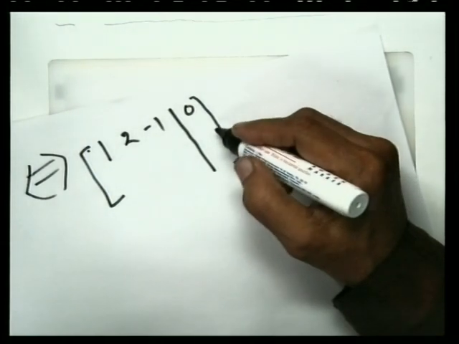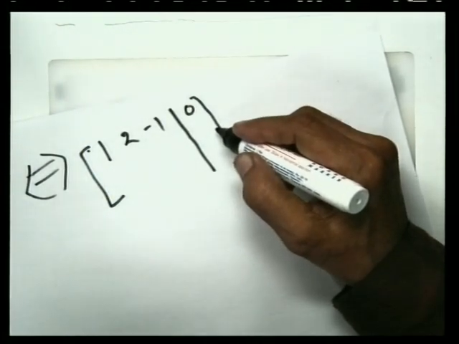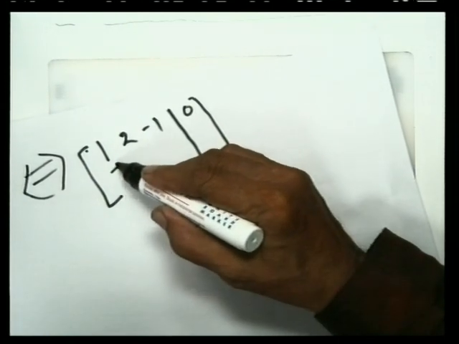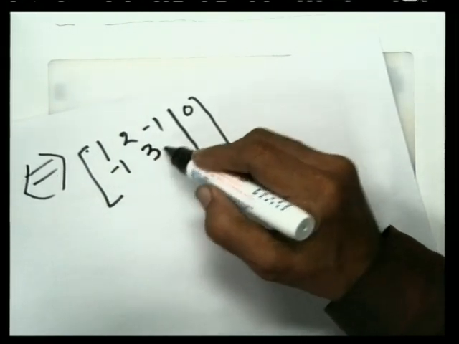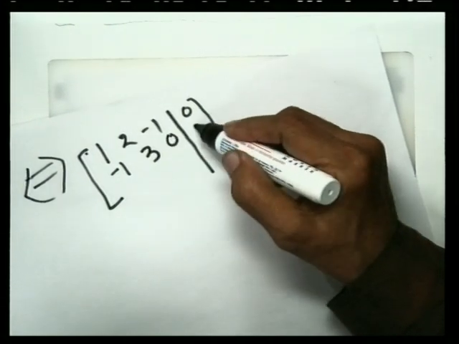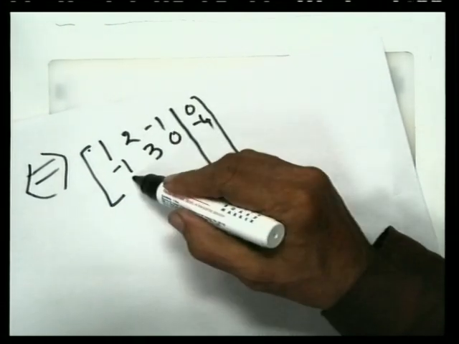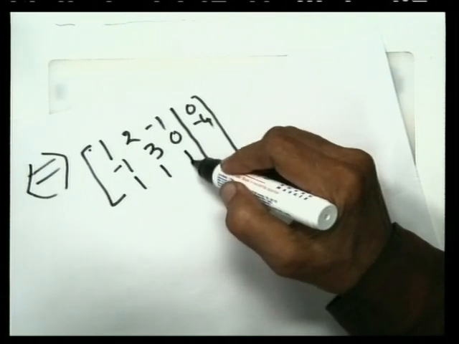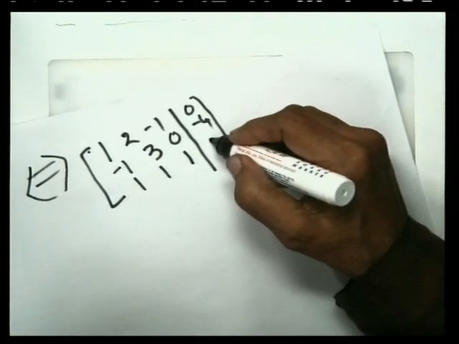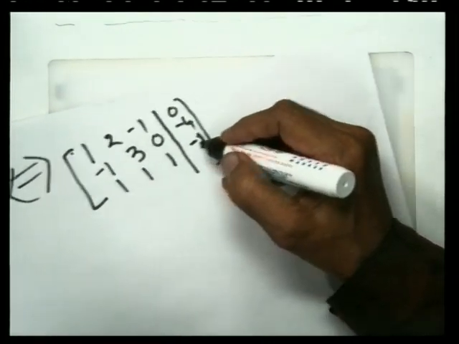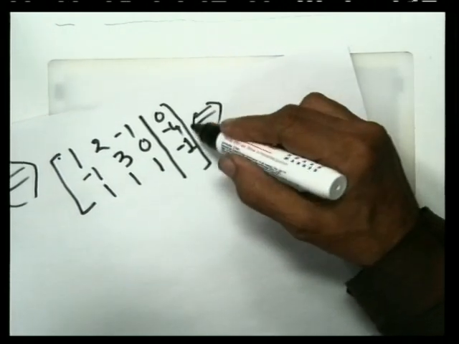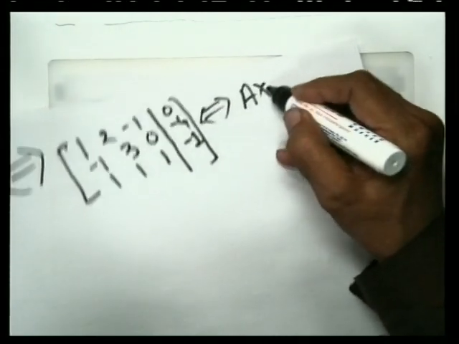This is the augmented matrix of the given system of equation. Second row is minus 1 3 0 minus 4, and third row is 1 1 and minus 1. So that is same as Ax equal to b.